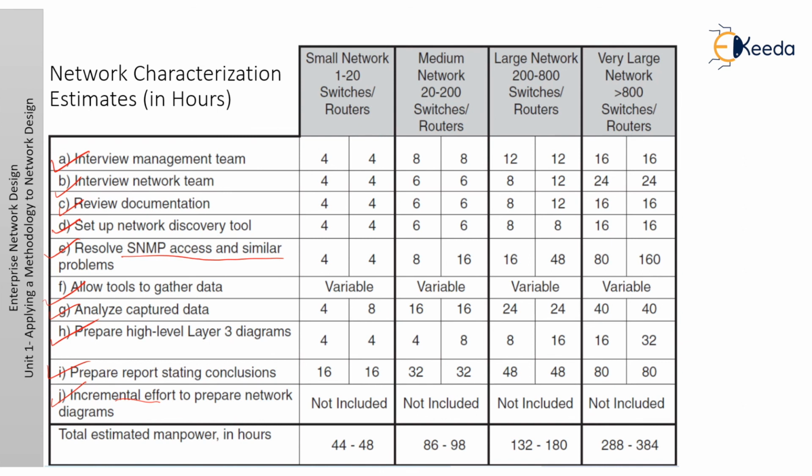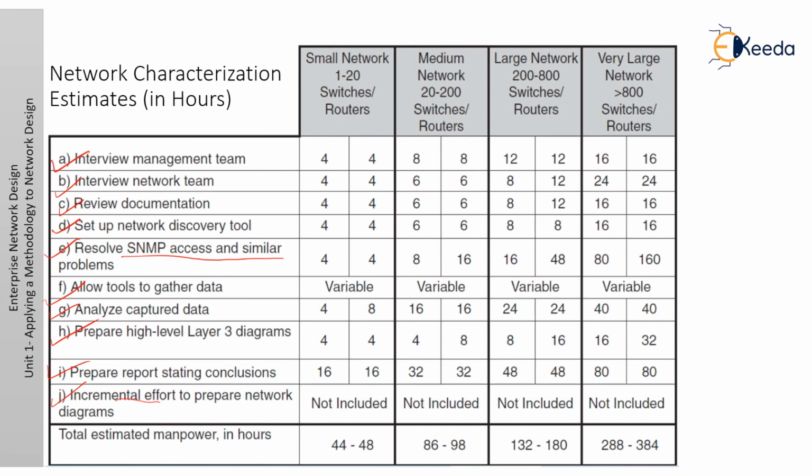The main important thing is resolving SNMP access and similar problems, if devices have not been very carefully managed in the past. Next is allowing the discovery tool to gather data. The time for this step will vary depending on the network and should include seasonal or cyclical factors, but generally one week of data is sufficient. The network engineer typically does not need to oversee this process.